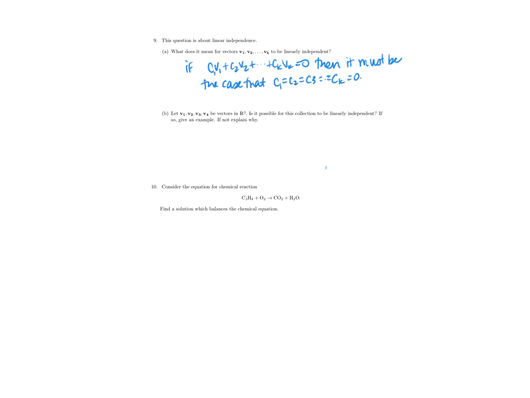So all of those coefficients have to be 0. In other words, the only way I can add these up, a linear combination of these, and get the 0 vector is if those constants are all 0.